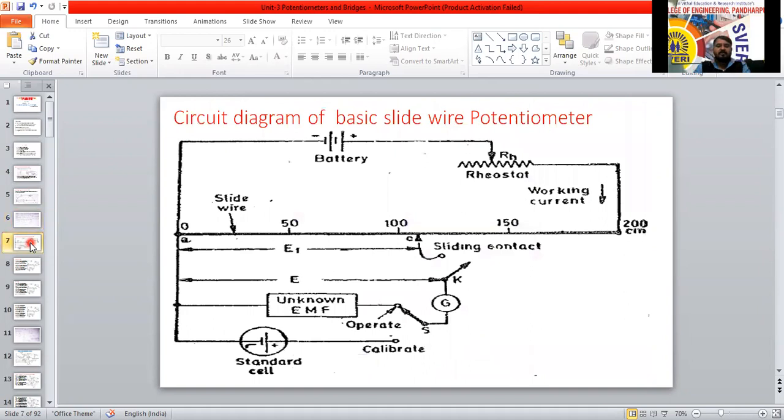Instead of a straight wire, we have used one straight wire here. So what do you mean by potentiometer? Anyone? Just now we have told. Potentiometer means what? Can you tell me, any one of you? What do you mean by potentiometer?